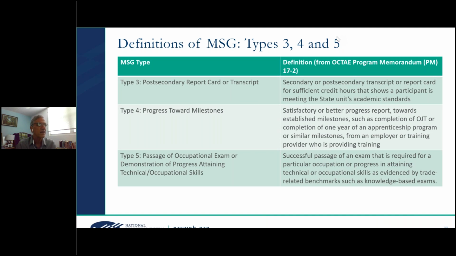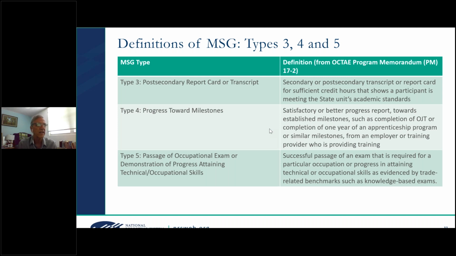Here's a summary. In type 3, you can get a transcript or report card with sufficient credit hours that show the participant is meeting the state standards. For type 4, you need a progress report of satisfactory or better towards established milestones. For example, completing OJT or completion of 1 year of apprenticeship or similar milestones for an employer or training provider.